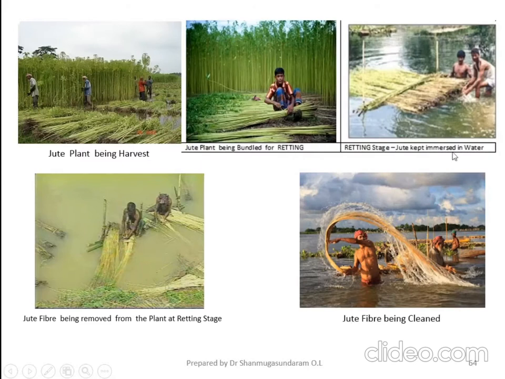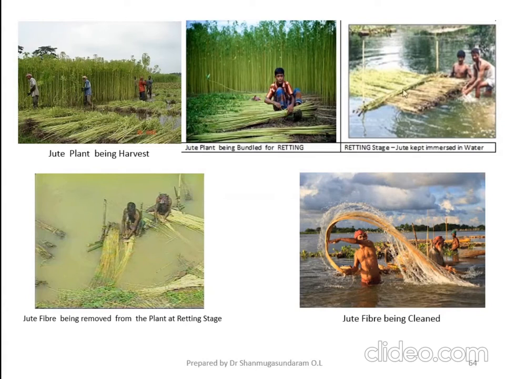See, please look at the figure. This is how the jute plant is harvested. Then how the jute plants are bundled for the retting process. Then here the retting process is carried out. This is dew retting, sorry, stagnant water retting.